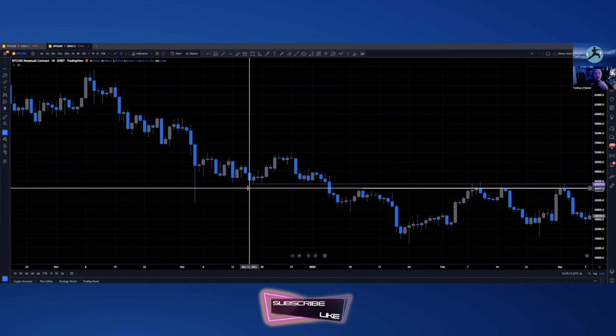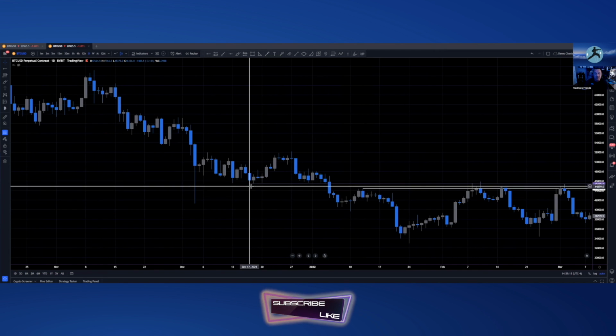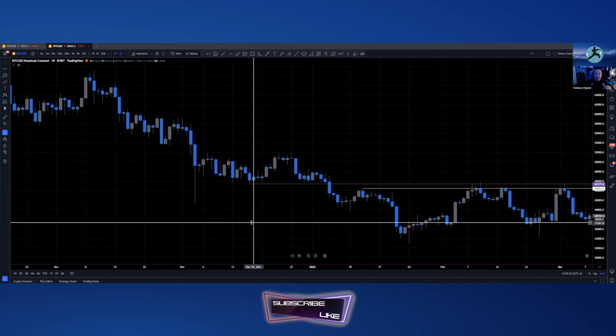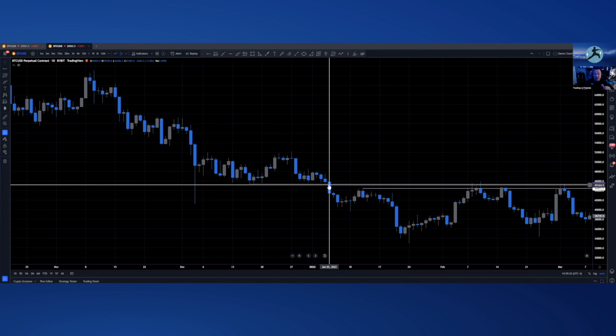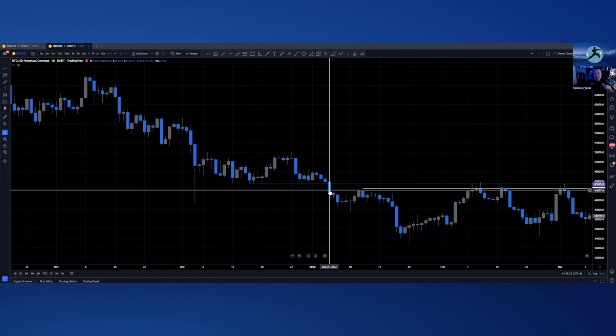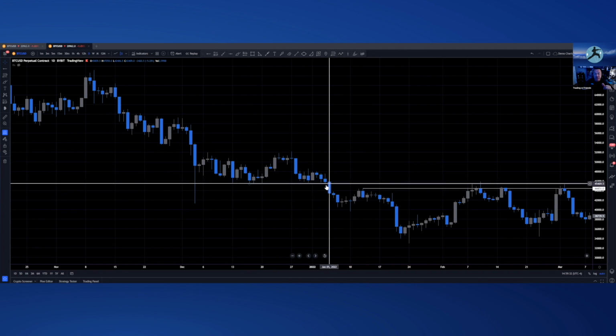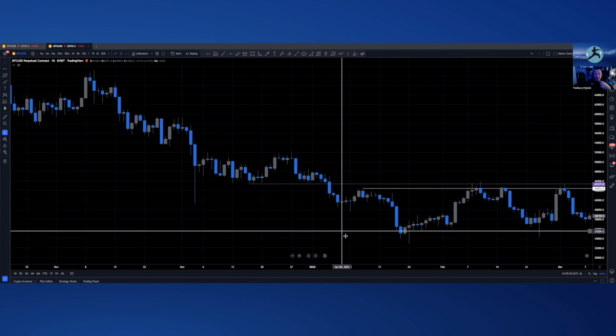So if this was my level, I'm not saying it is, I just arbitrarily marked it, but if this was the level that I needed to lose or gain, that right there is a candle closure. As soon as this candle closes, that tells me that's a closure, right? It's closing through it.